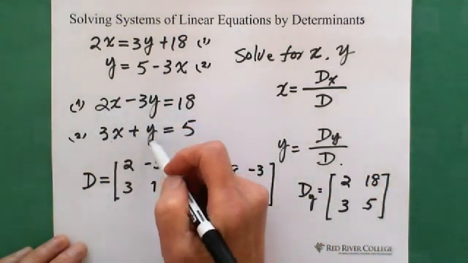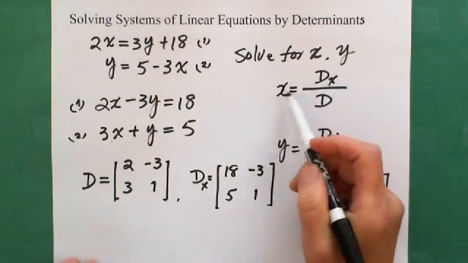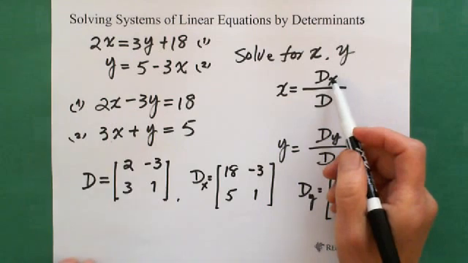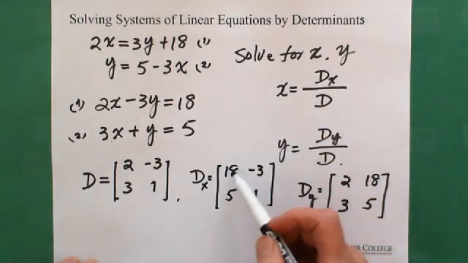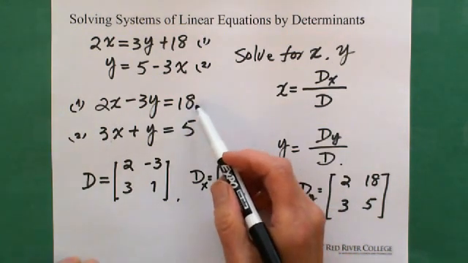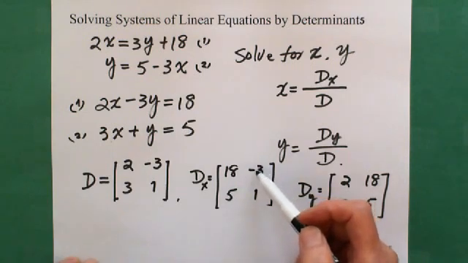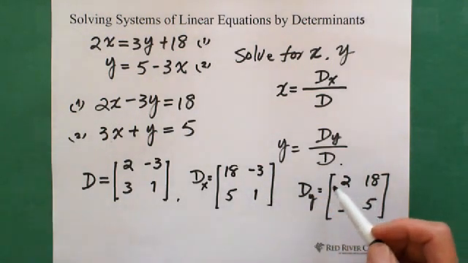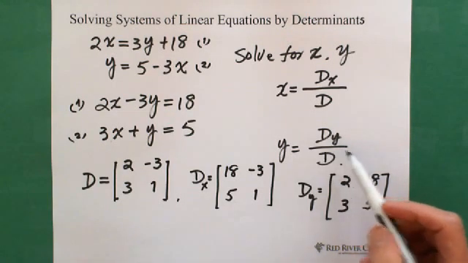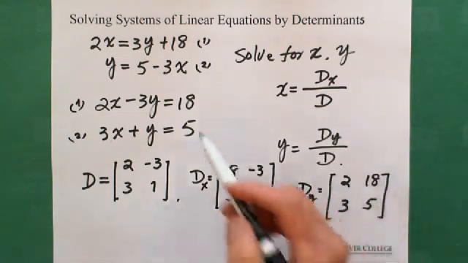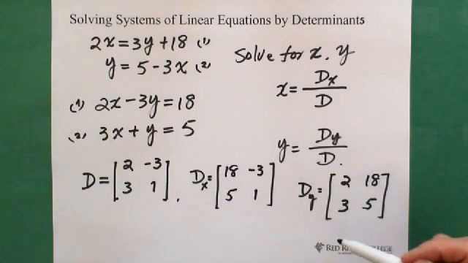If you're looking for determinant x, the constants go in the x position and the y column stays the same. Looking for determinant y, the y column is replaced with constants 18 and 5, and the x column doesn't change.